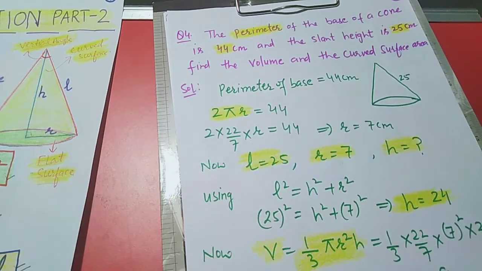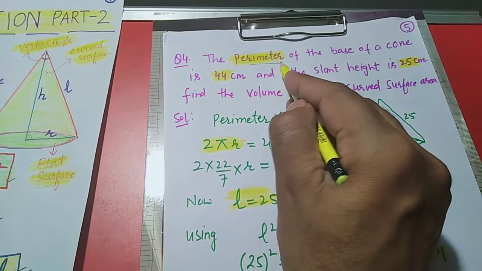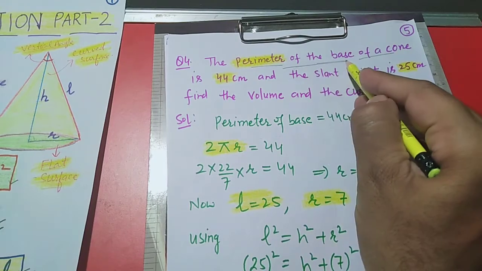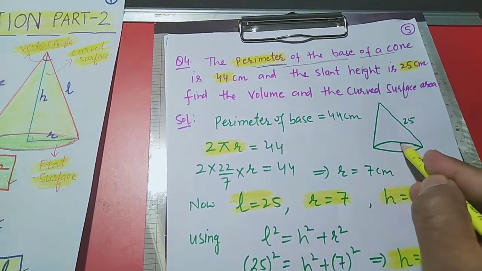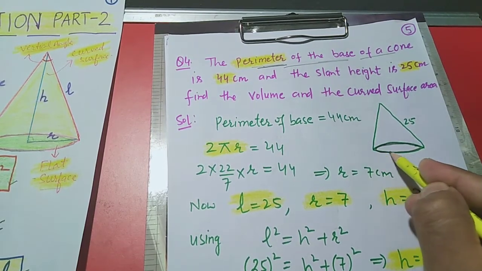Now I am coming to question number 4. It is a very important question. In this question, the perimeter of the base is given; in the previous question the area of the base was given. You know that this flat surface is a circle and its perimeter is given.